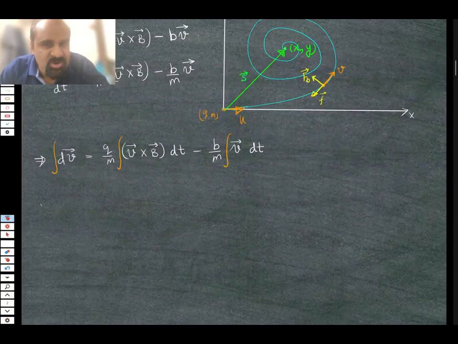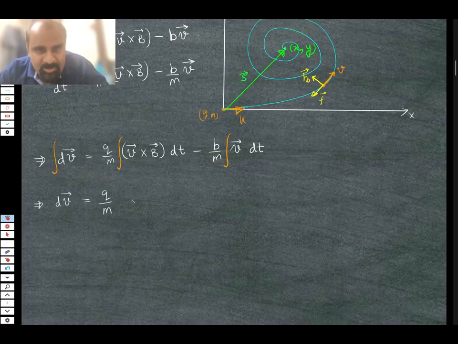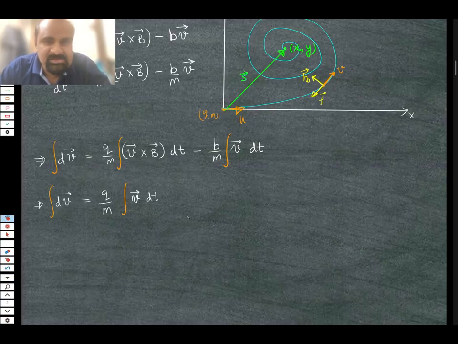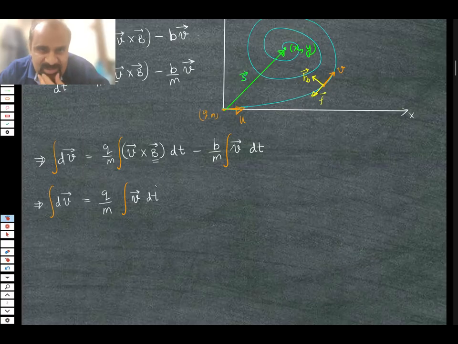I'll just do a small manipulation. q by m. Here I'm going to write v vector dt. And this B vector is, by the way, uniform. Uniform means same everywhere. So this B vector I can take outside this integral.